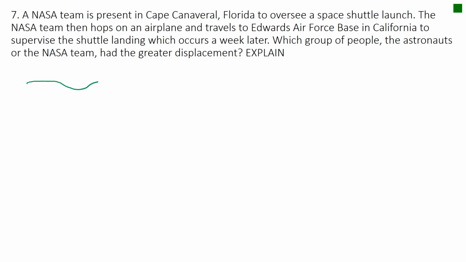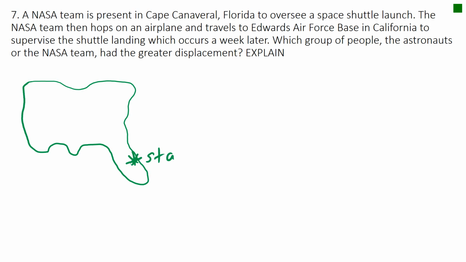So it's like that. Here's the East Coast. Here's Florida. There's Texas. I don't know. And here we go. So that's how I think the United States looks. That's kind of sad. All right, so here we go. Here in Florida, this is the start for both the astronaut and the team.